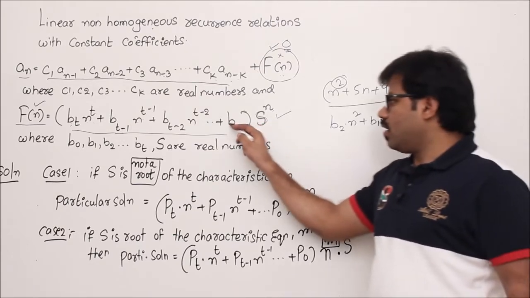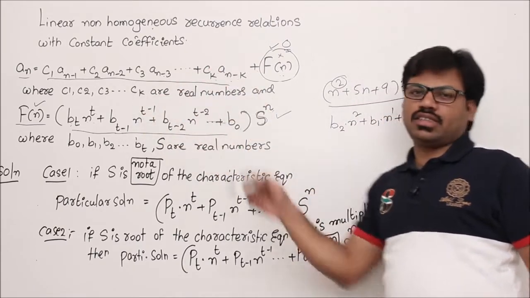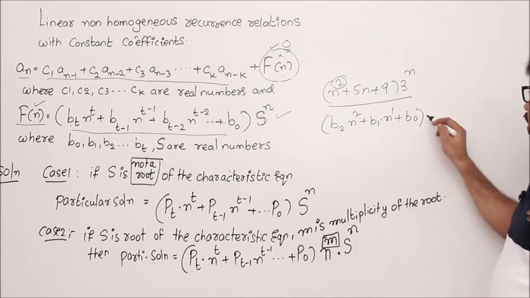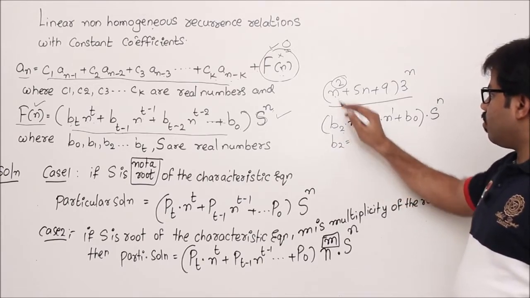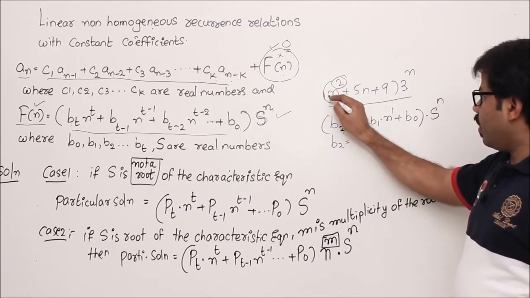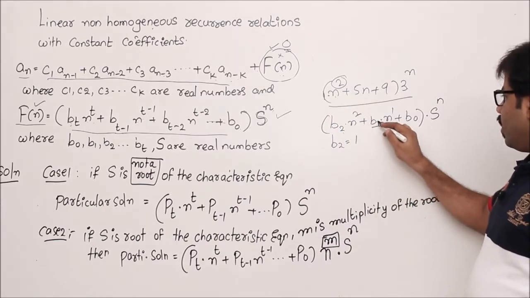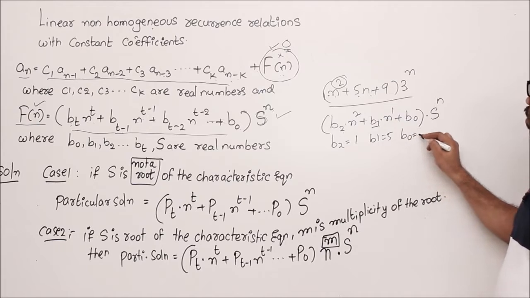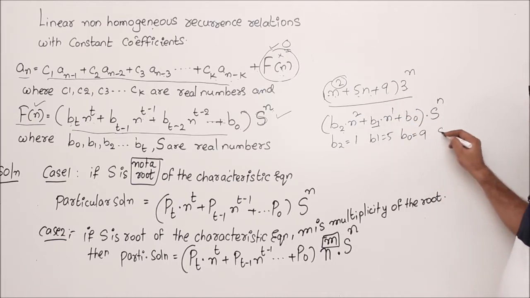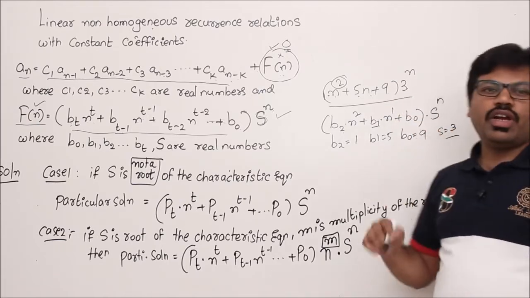That is the meaning of this entire structure, times s to the power n. Here s is nothing but 3, right? So let me identify b2. b2 is nothing but 1, since it is 1 times n squared. b1 times n is 5 times n, so b1 is 5. b0 is 9 and s is 3. So this is about f of n.